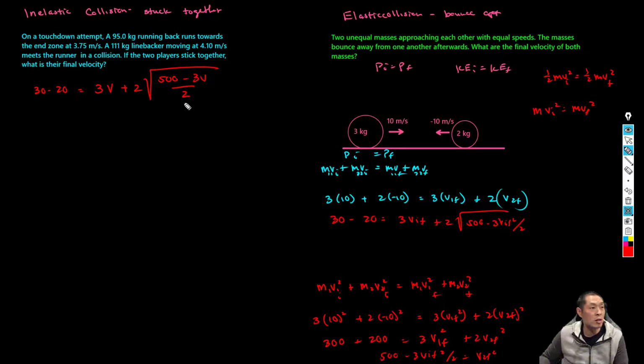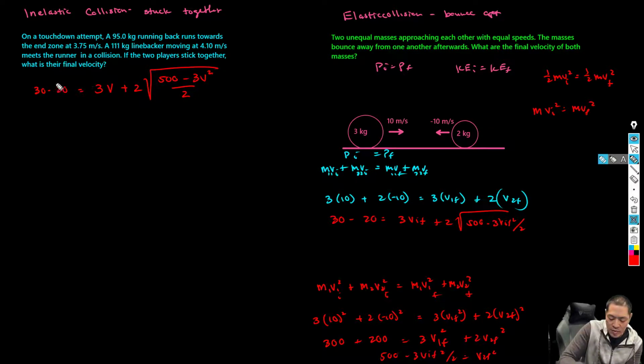I'm going to try to solve for it. It's kind of ugly. It's going to take a little bit of time, but it's not too difficult. So I'm going to move everything that's not in the radical to the left side. So you have 10 minus 3v divided by 2, and then you're left with that.